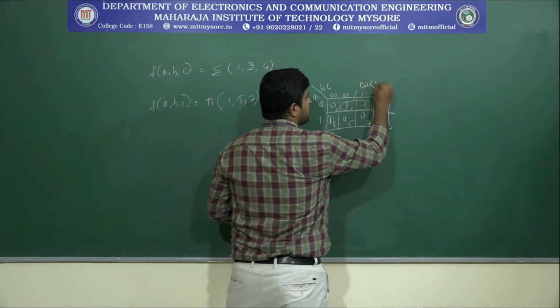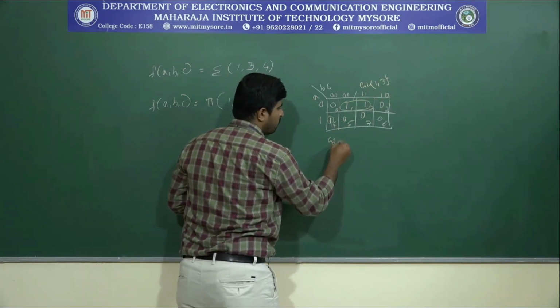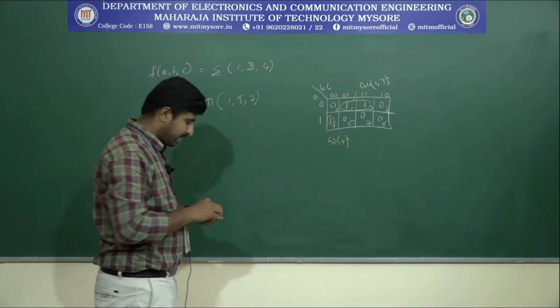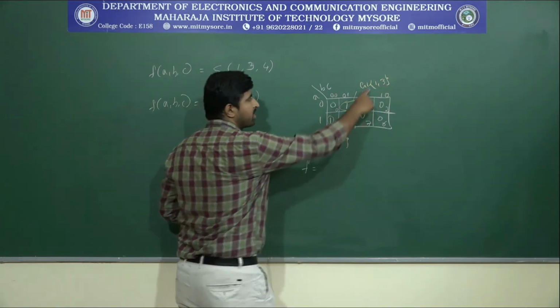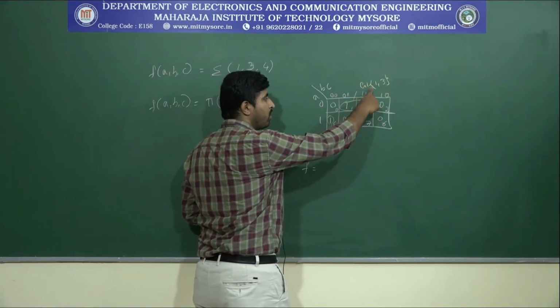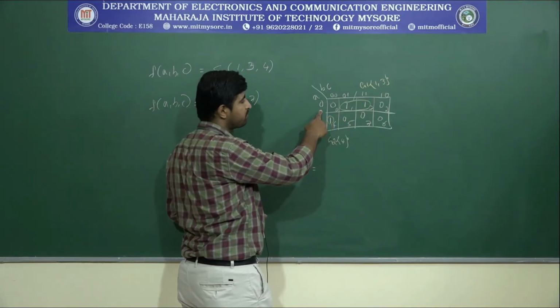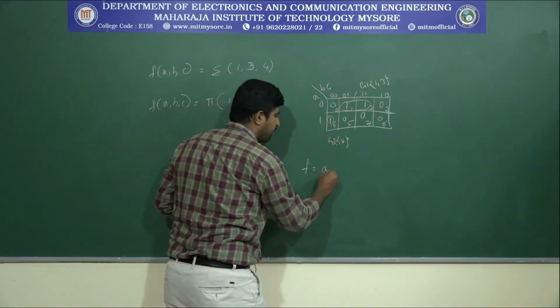This is G1 with terms 1 and 3, and this is G2, corresponding to the term 4. Let's write the min term expression. F equals, what is the expression for group 1? Let's see the variables A, B, C. A will be 0, that means A bar.